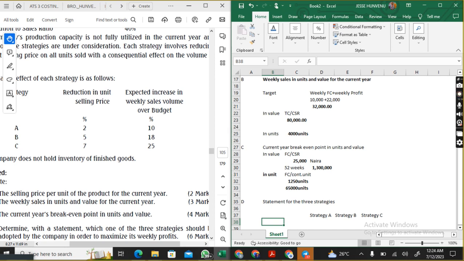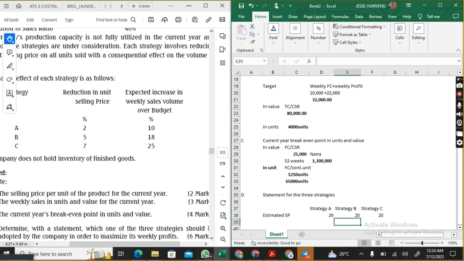Now the budgeted, or let me say the estimated, selling price for A is 20 naira, and the sales volume, which is the total units, is 4,000 units. So it is saying the weekly profit, not yearly.